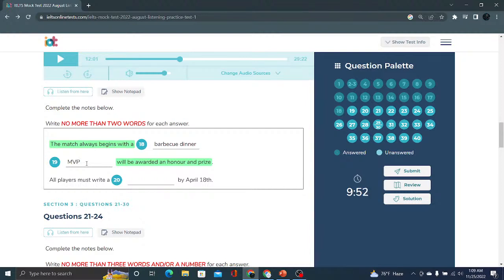She was saying that after the final match in the season, we will vote this season's MVP, the most valuable player. MVP means the most valuable player. The 2 players from tennis team and soccer team will gain an honor and a prize from our sports center.